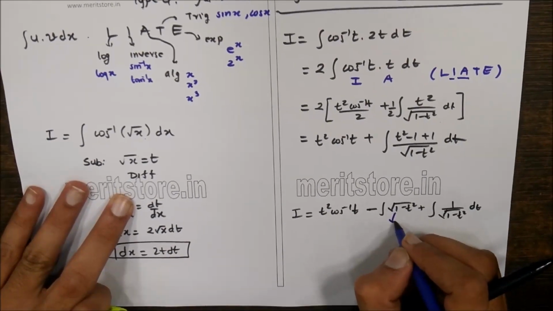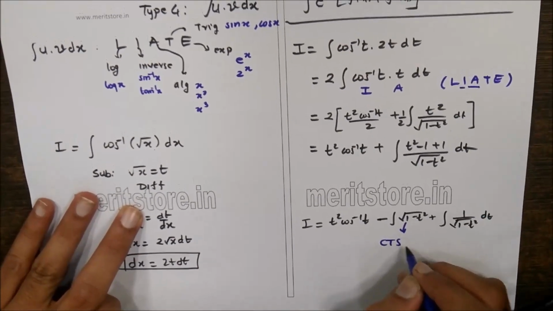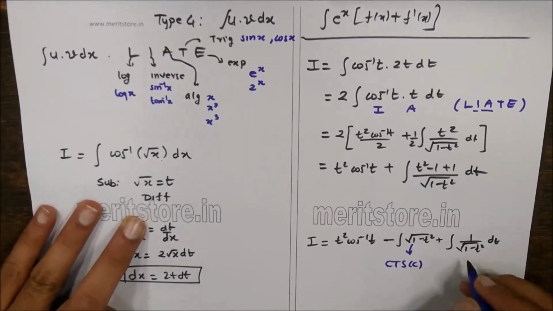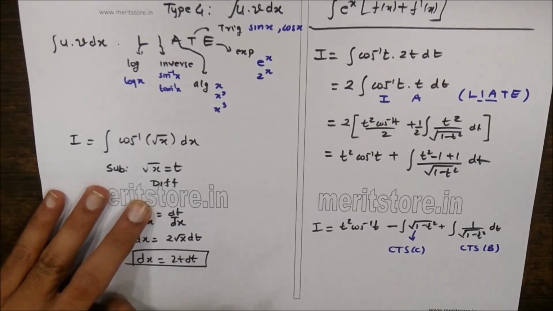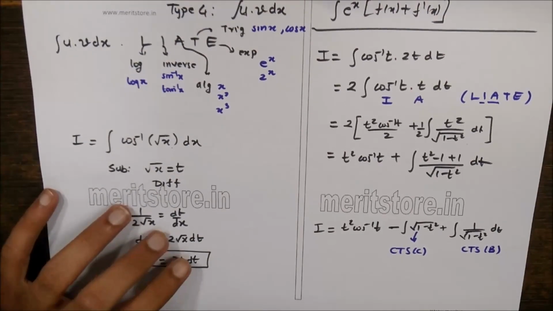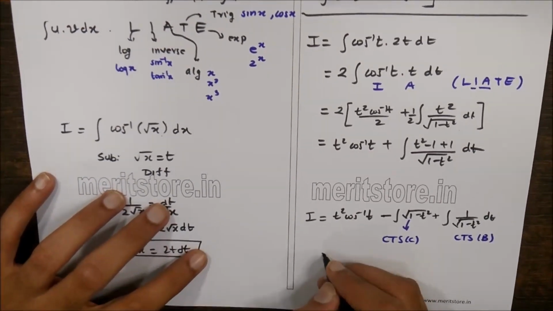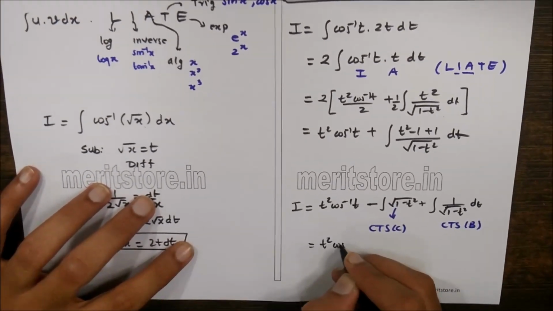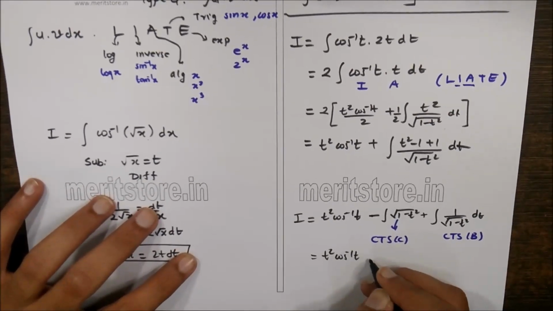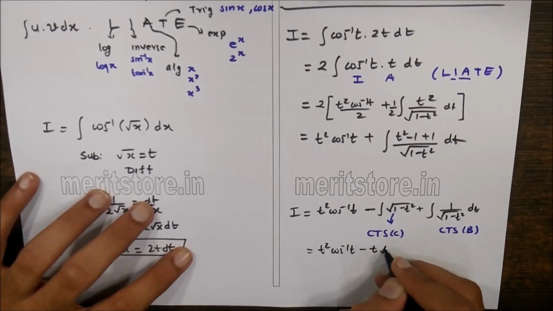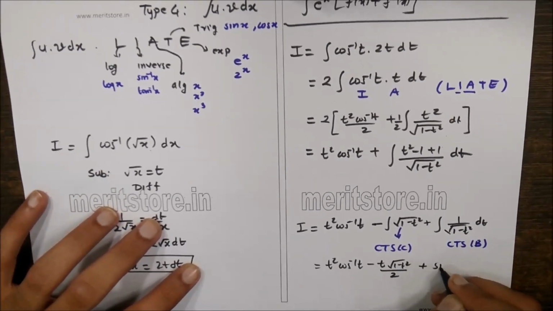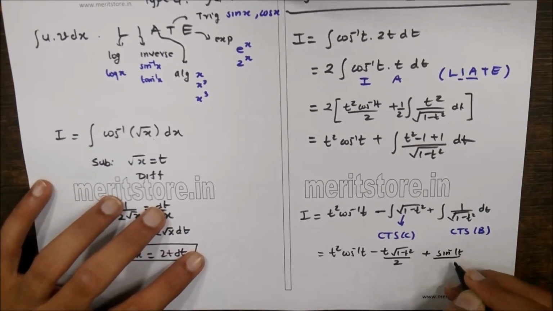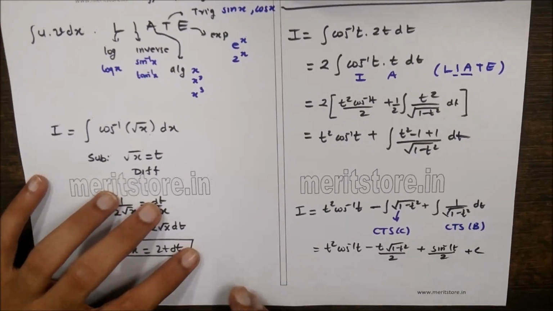In this part, I'm going to apply the formula of CTS category type C. This is of the category CTS type B. Applying both the formulas, my integral will convert to t square cos inverse t minus t root of 1 minus t square upon 2 plus sine inverse t upon 2 plus c.